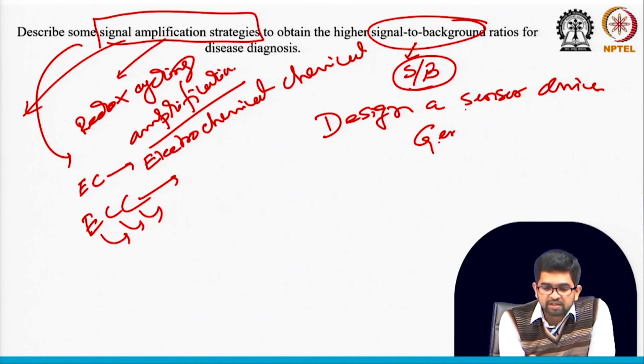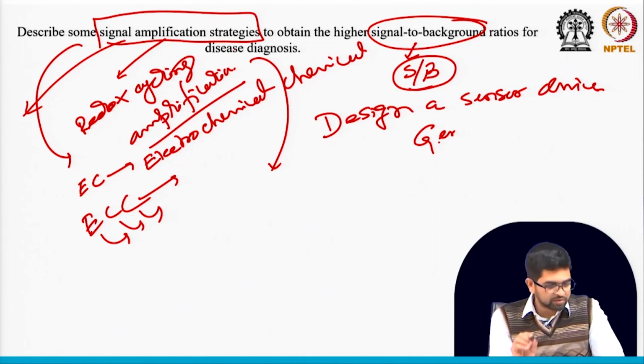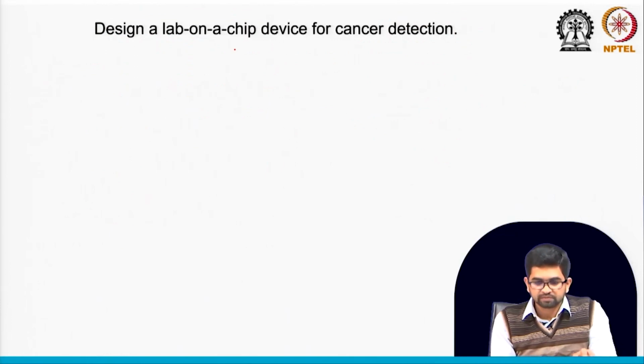That's why I don't mention any specific disease, just any kind of disease. Like this, please try to think first, then you can try to design some very specific biosensors. Okay, so try to remember those things.